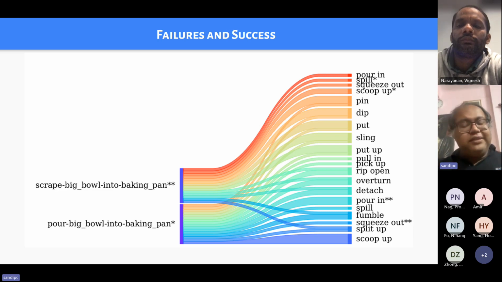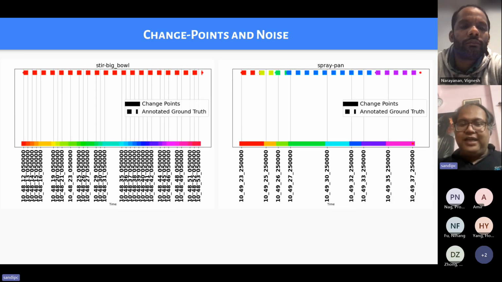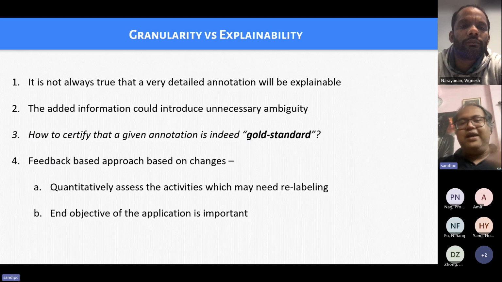So that means that if I try to label the entire large activity with a single label, that might not be explainable all the time, and that might impact your model. As I have said, this is ongoing work and we are still exploring.